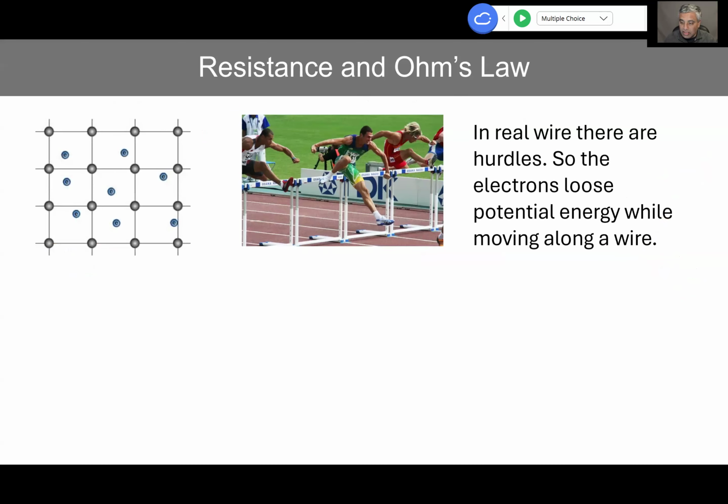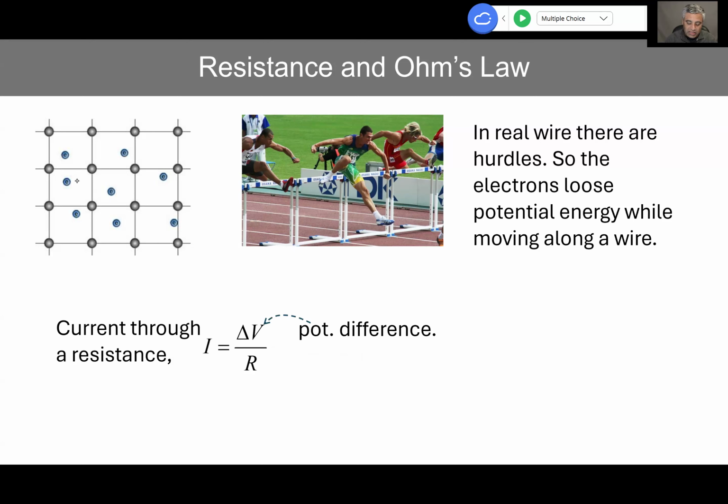Okay. So now what happens is when electrons are moving through the wire or any conductor, there is some sort of obstacle to them. So this is basically the typical structure of, let's say, metallic objects.